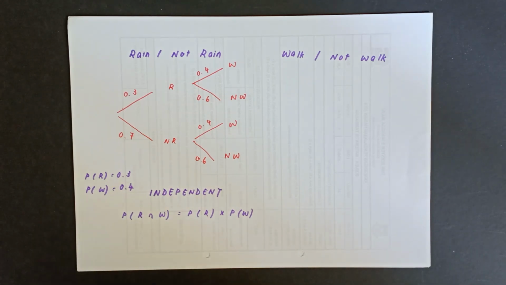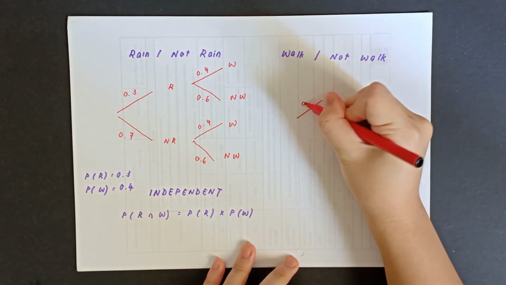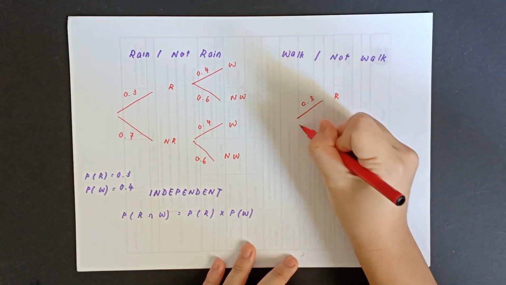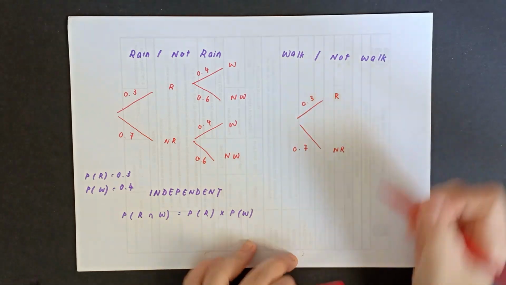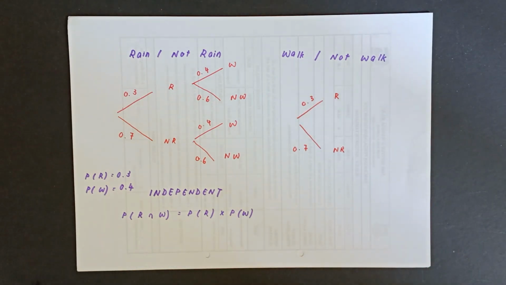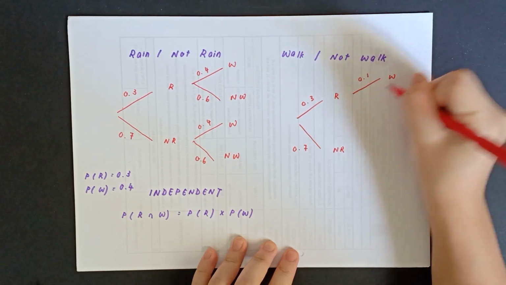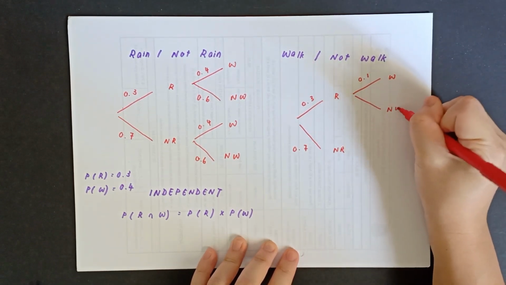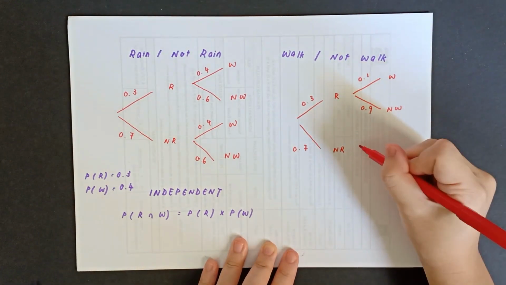Okay, what does conditional mean? It goes like this. I have the same thing. Now if it's raining, the probability for me to walk to school is 10%, and for me to not walk is 90%.